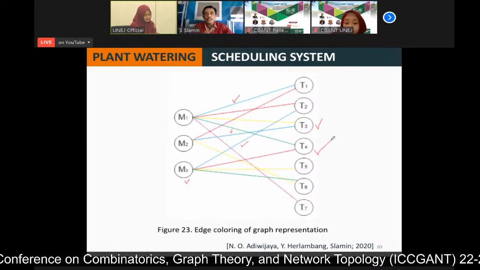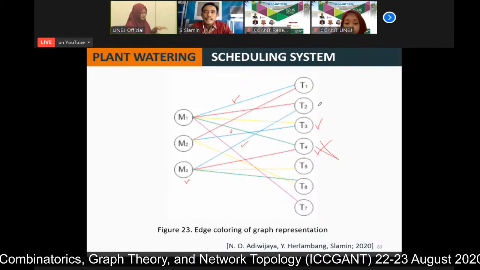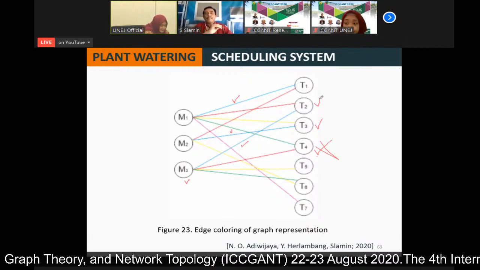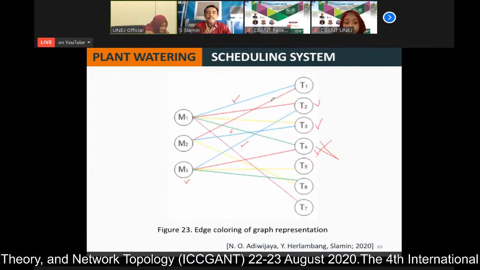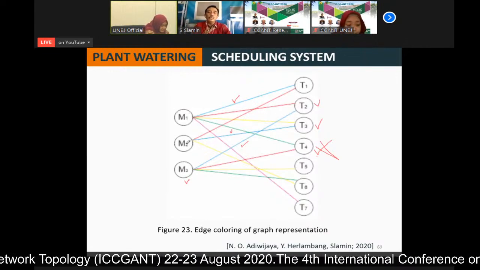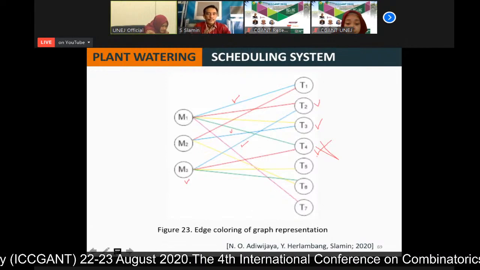Sorry, not this one. This is red. This is blue. So for the next time, the second time, you can choose the red color. It means M1 to T1, T2, M2 to T1, M3 to T4, and so on.